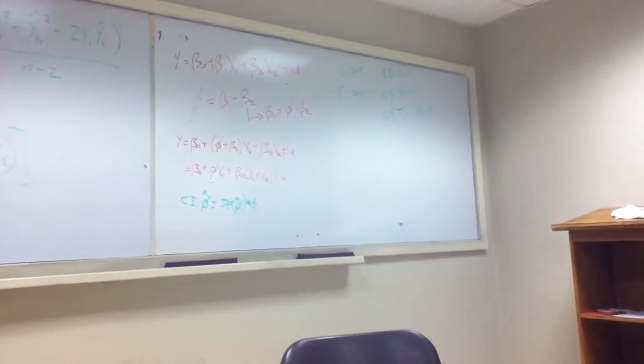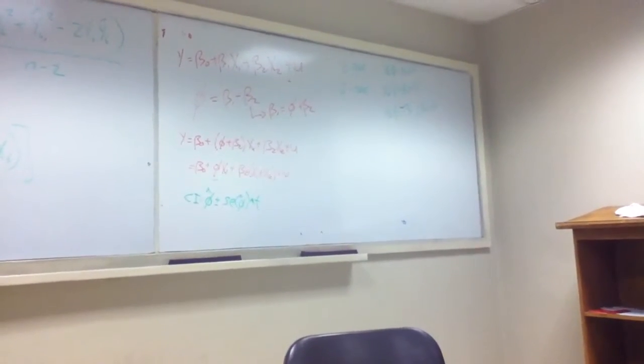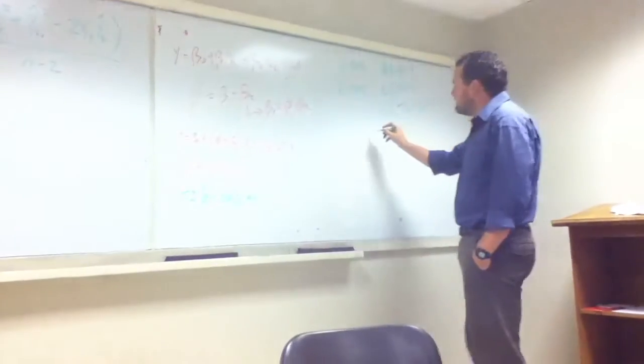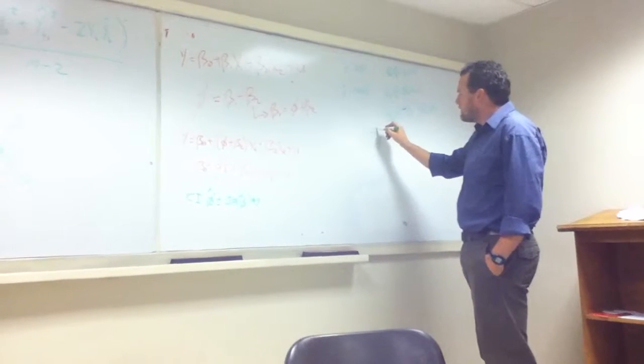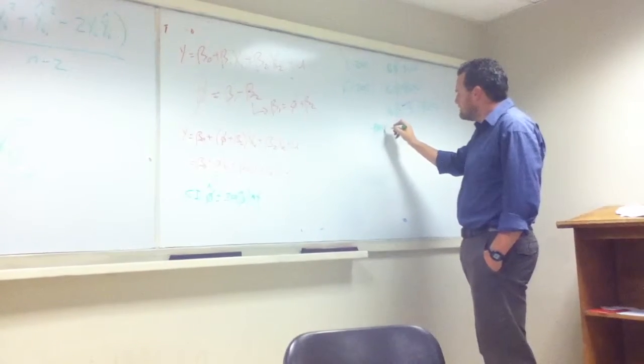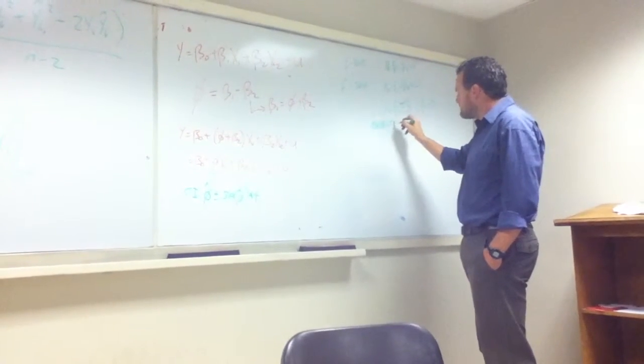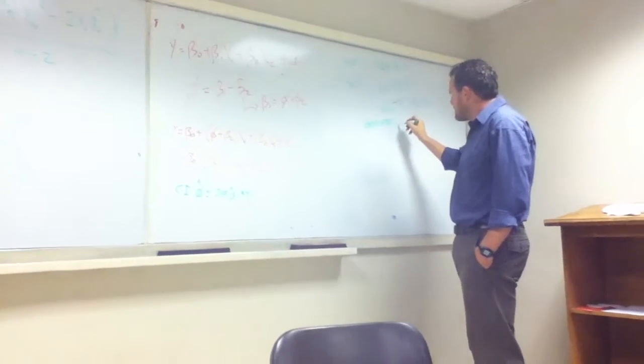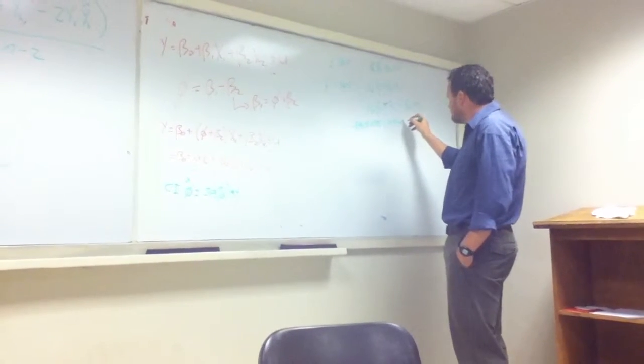So anytime we have an F-test, we already have an unrestricted model, but we're also going to have a restricted model that imposes the null hypothesis.